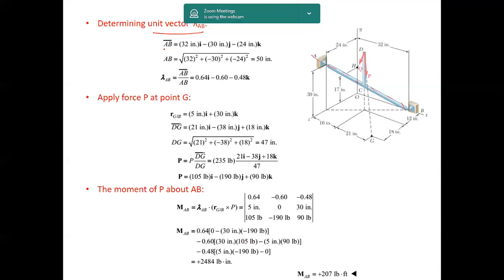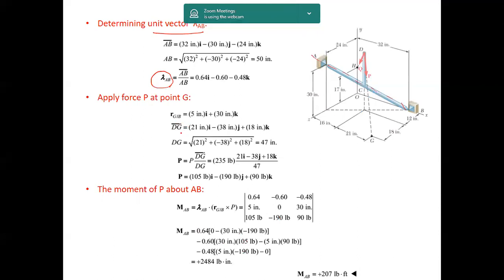So you pick 2 points, A and B. You calculate the displacement vector and the magnitude of the vector, and you derive the unit vector. In the second step, you apply force P on some point on the line of action. So here we pick point G. It could be any other point like D or any other point on this line of action from D to G.